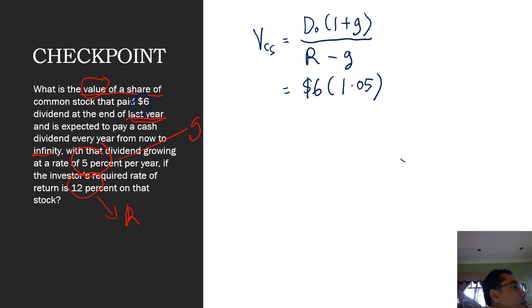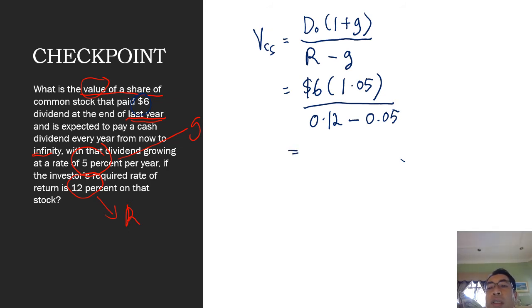Divided by what is r? r is 12%, 0.12, minus g, 0.05.